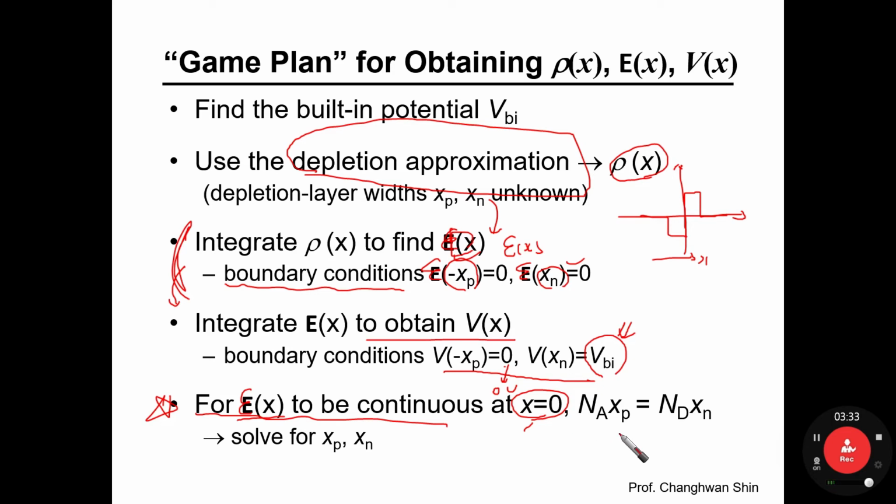Using this condition, we may derive one more equation. Afterwards, in the end, we're going to solve for x_p and x_n. That means we can estimate quantitatively the depletion layer width of the PN junction.